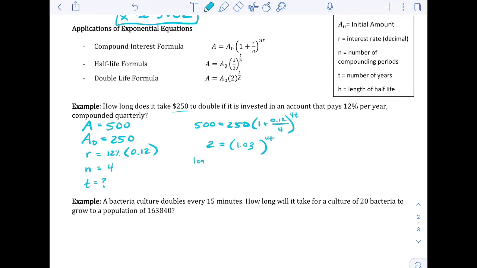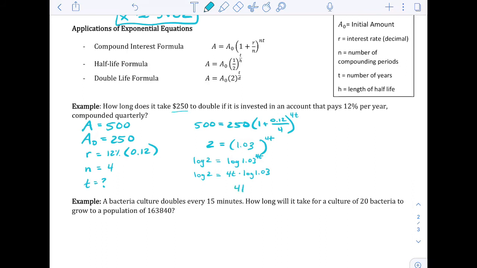So I'm going to have log 2 is equal to log of 1.03 to the power of 4t. So I use that power, that 4t comes out front. 4t times log 1.03.